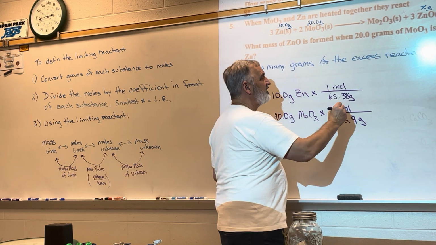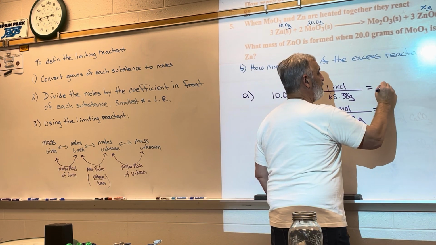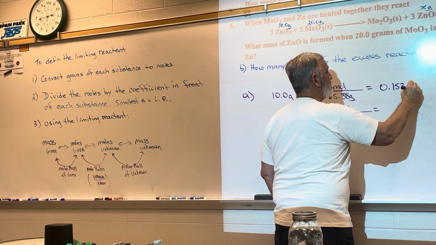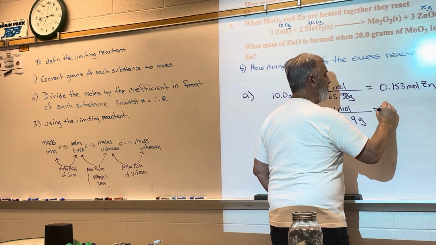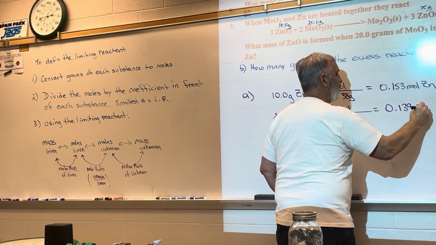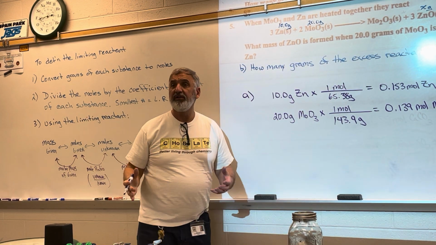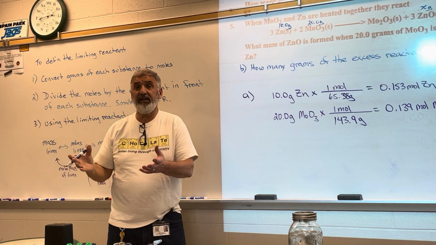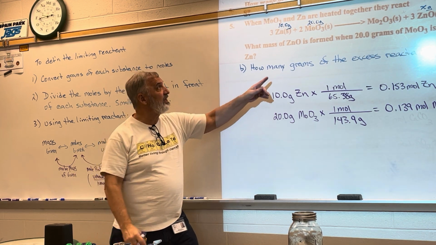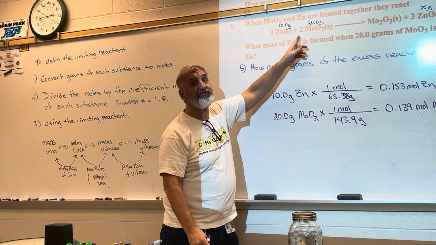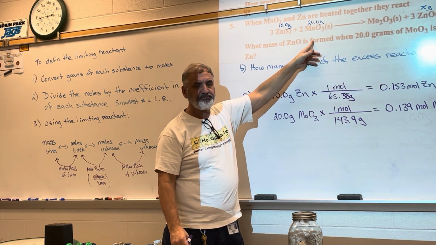All right, so what do these numbers turn out to equal? 0.153 moles of zinc and 0.139 moles of the MoO3. Now, we can't just say that because this one's less, it's the limiting reactant, because we need a 2 to 3 ratio. We need 1.5 times more zinc than we do of the molybdenum oxide.